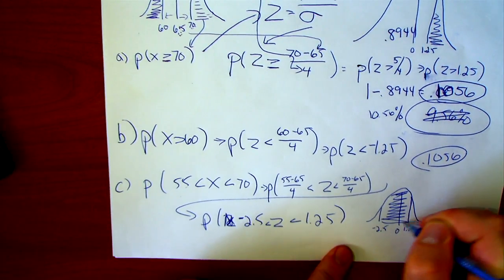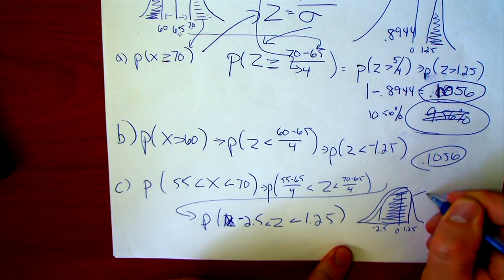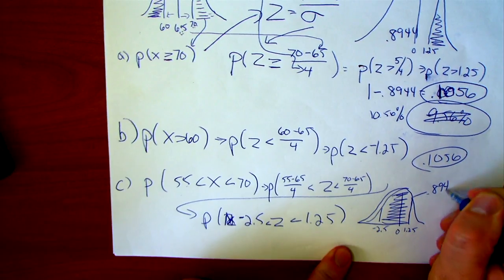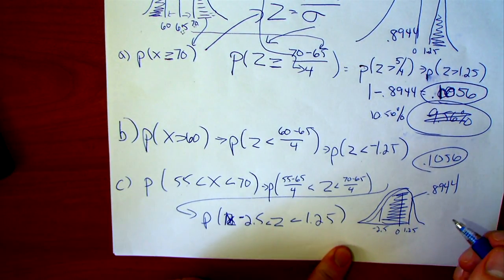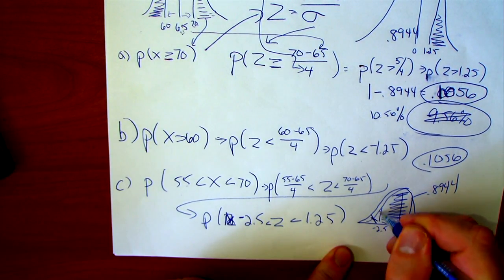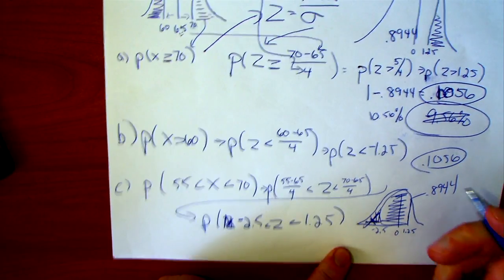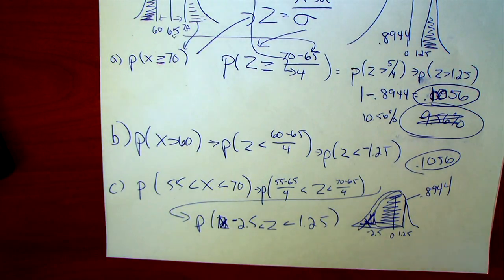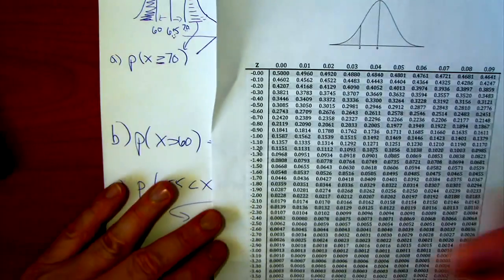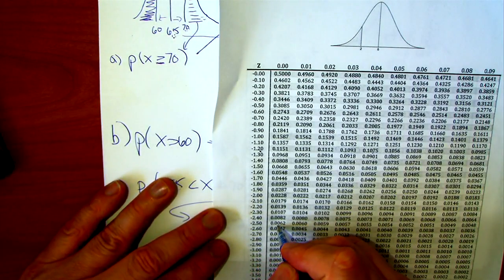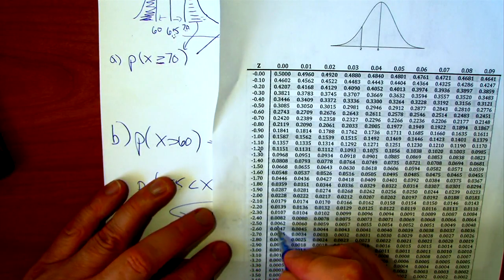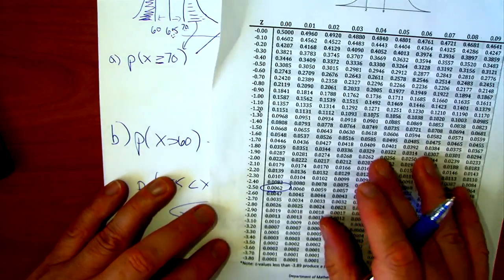So this and down is 0.8944, but that's more than I need. I need to get rid of negative 2.5 and down. Well, let's look that up. Negative 2.5 gives me 0.0062.